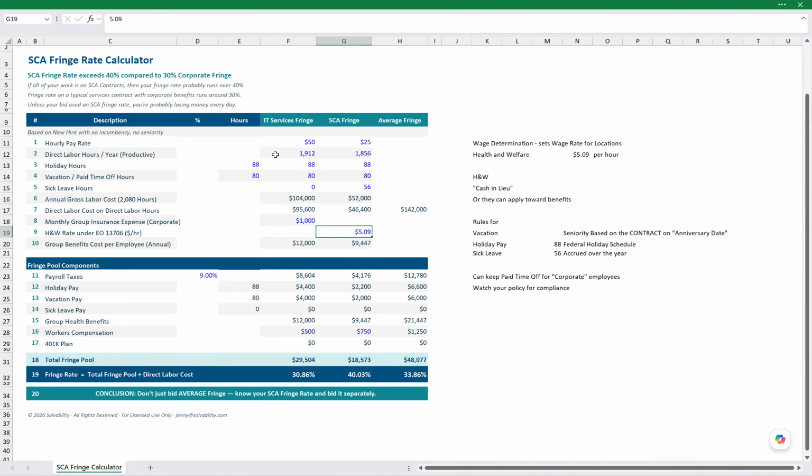If the health and welfare is being used to pay for some of the benefits, it can pay for more, and the employee's cost share for, say, their medical insurance will be less. So either way, it's really important for the employee to get that as soon as possible.